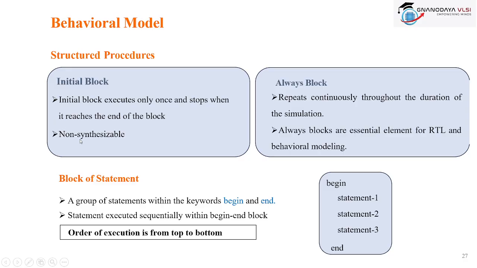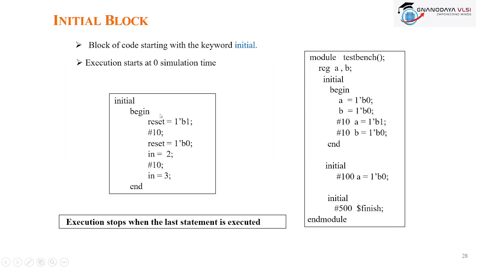You need to use the initial block and the always block. Initial block will be executed only one time and is non-synthesizable. Always block will be repeated continuously, and that is a block of statements. So this is one example of an initial block. It will execute only one time, at zero simulation time.